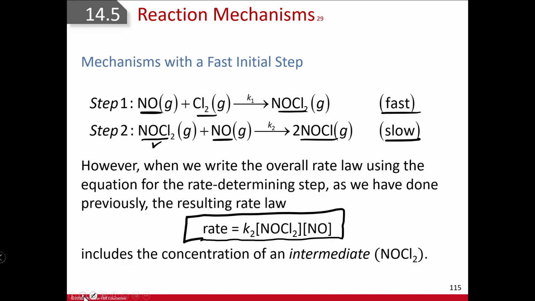So if it's an intermediate in the rate law, then we're going to have to trace that back to where it came from. So this came from this reaction here. And so what we're going to do is we're going to substitute in this for that. And you say, what does that look like? Okay, well, let's continue on.